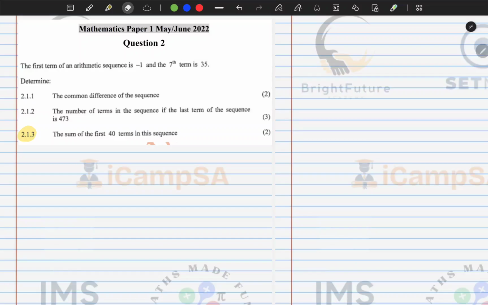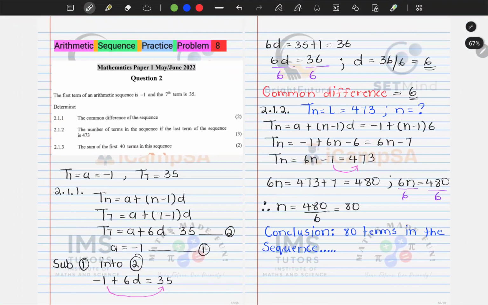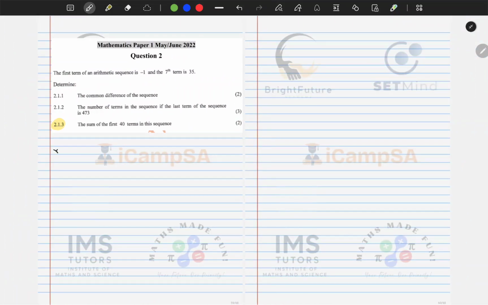But before we get there, I just want to remind you, remember what we have here. We have the last term of the sequence, which is 473, and we also have the first term of the sequence, which is -1, and this is A. The last term is L, and we have also the number of terms.